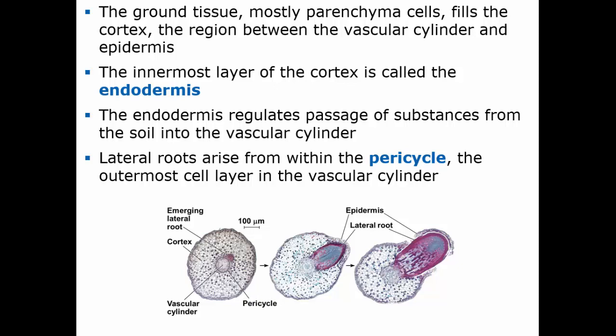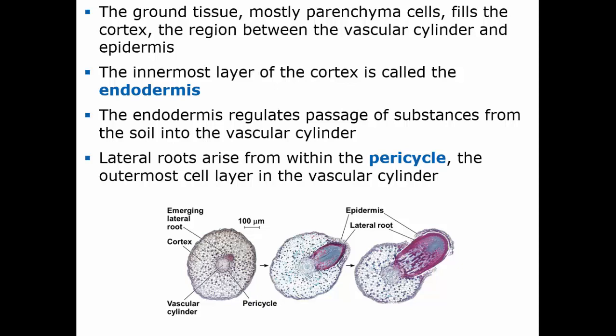We don't have photosynthesis going on in roots, since they're not exposed to light, but we still have to have metabolism occurring in all parts of the plant. So the parenchyma carries out the metabolic functions of the root. The endodermis is an important thin layer that forms the innermost edge of the cortex.